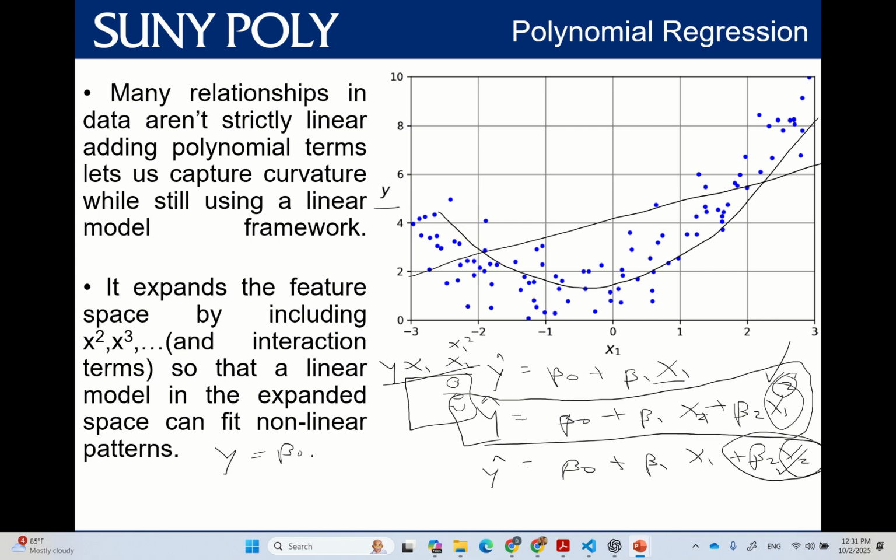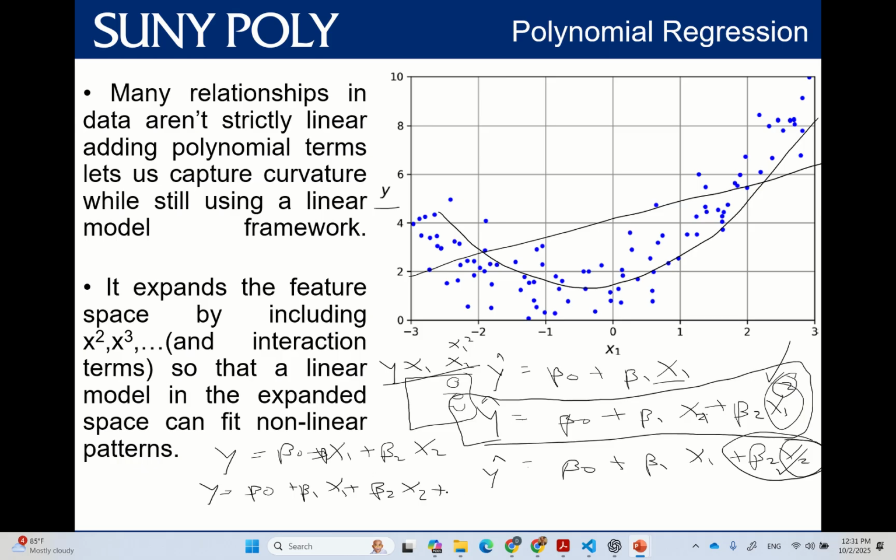that's different. If you have x1 and x2, let me show it to you real quick. So this is beta 1 times x1 plus beta 2 times x2. Now, if I increase the degree of the polynomial to a second degree, then the linear terms are beta 0 plus beta 1 x1, the same thing that we have, plus now we need to add the quadratic terms, right?